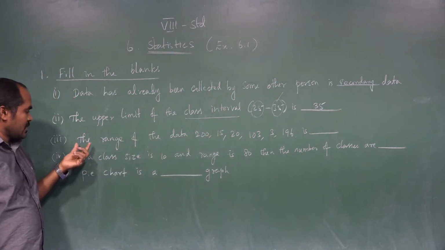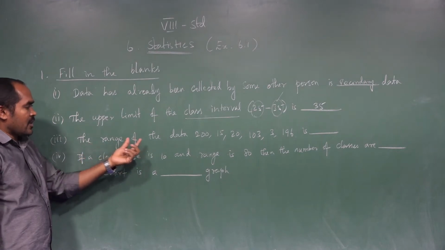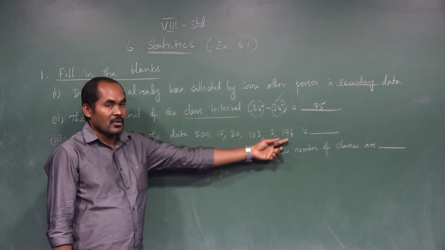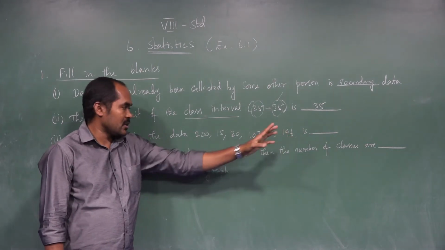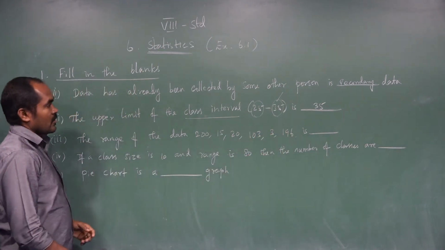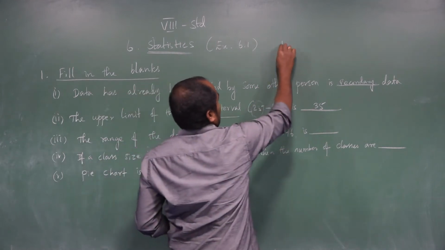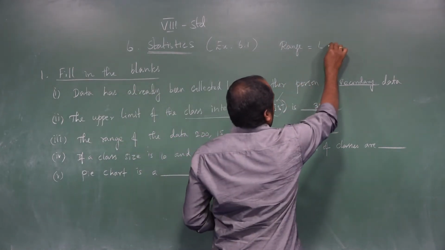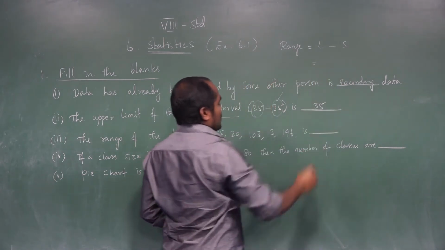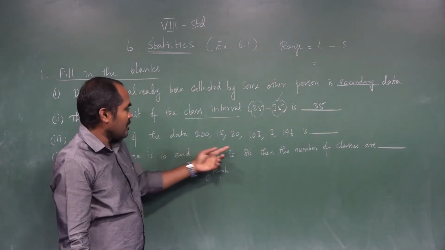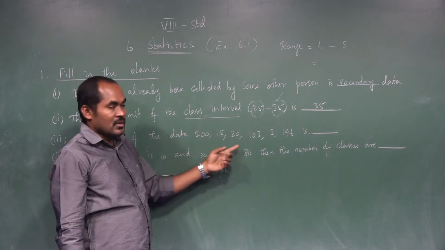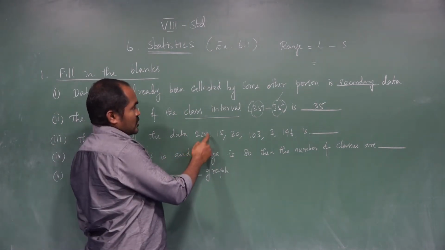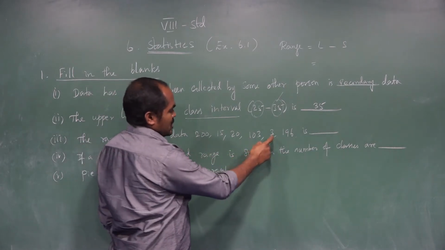Next, third question. The range of the data 200, 15, 20, and so on up to 196 is dash. So you know range: range is equal to largest value minus smallest value. From this data, the largest is 200 and the smallest is 3.